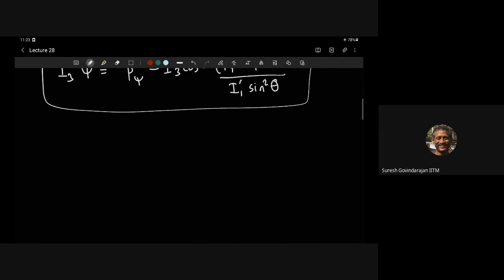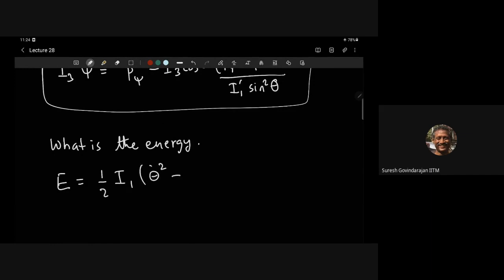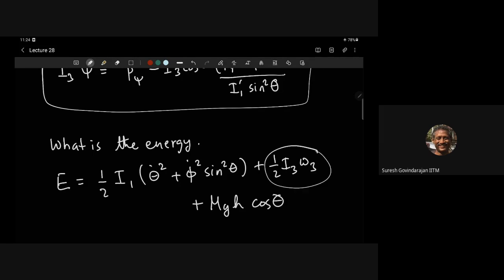Let's now look at the formula for energy. E will be equal to T plus V. But we already saw this part is nothing but a function of P psi, so this is a constant of motion.